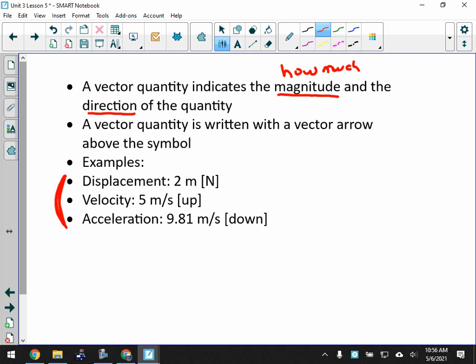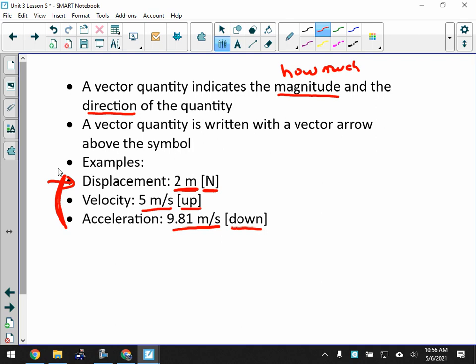Today, we're going to talk about displacement. Displacement, you'll notice here, has not only a number, a quantity, but also a direction. Number, quantity, direction. So that's what a vector is. It includes a number and a direction.